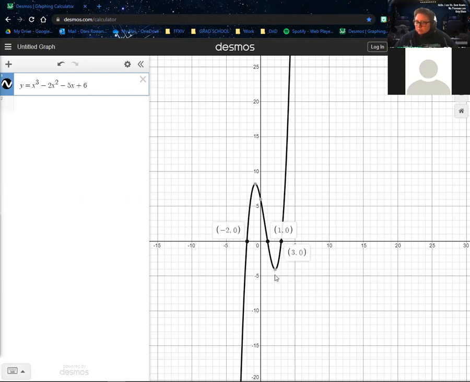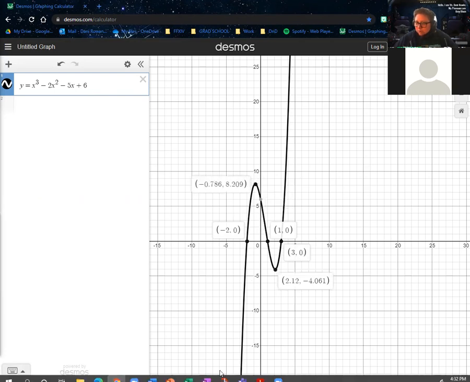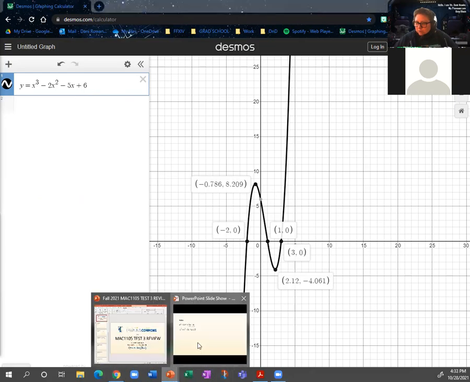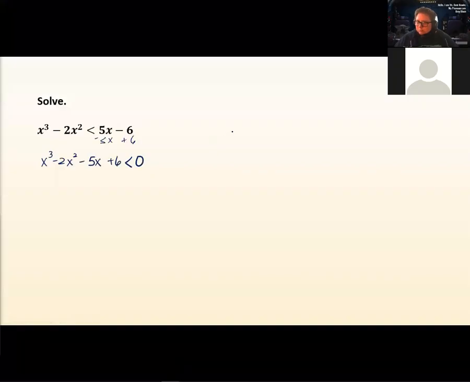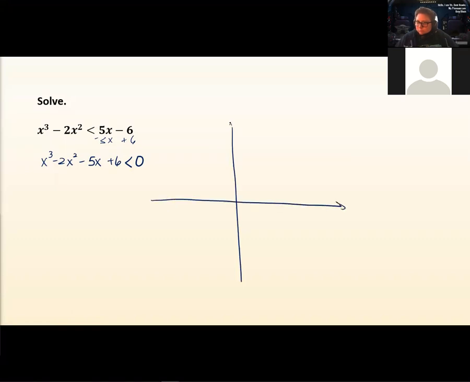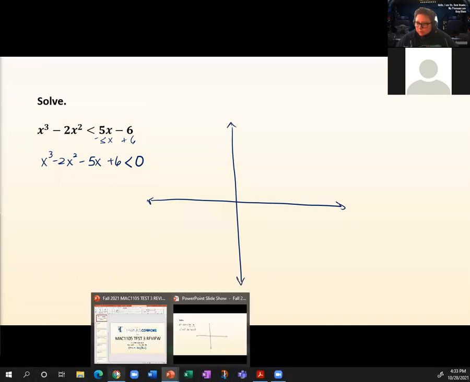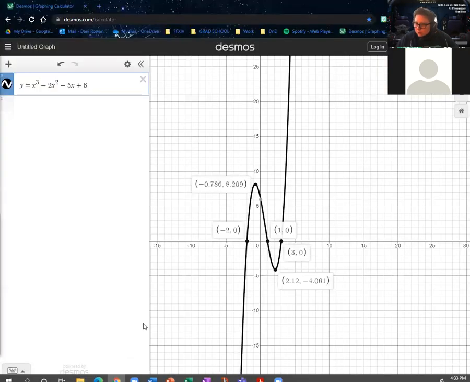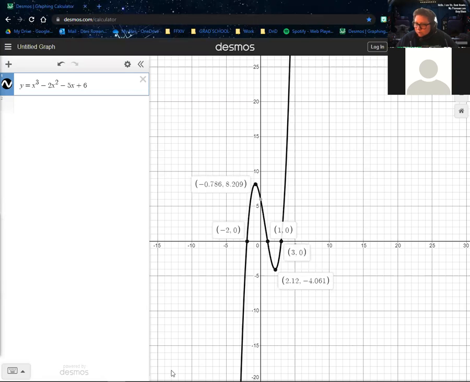Here are our zeros. Yep. So -2, 1, and 3. We don't really care about where these go, but we want to know how it works. So let me go ahead and mark it. We said it was -2, 1, and 3.